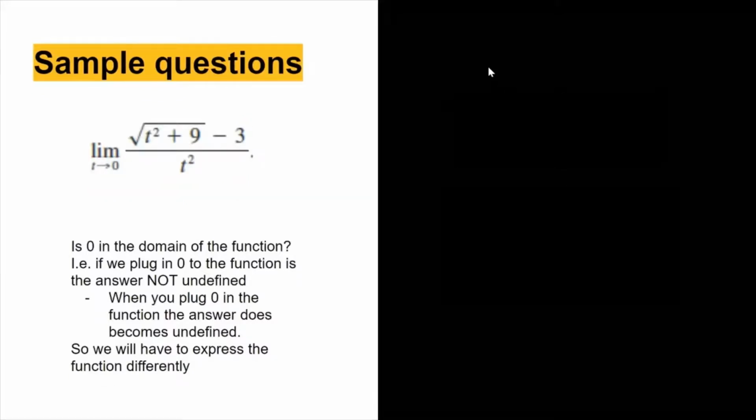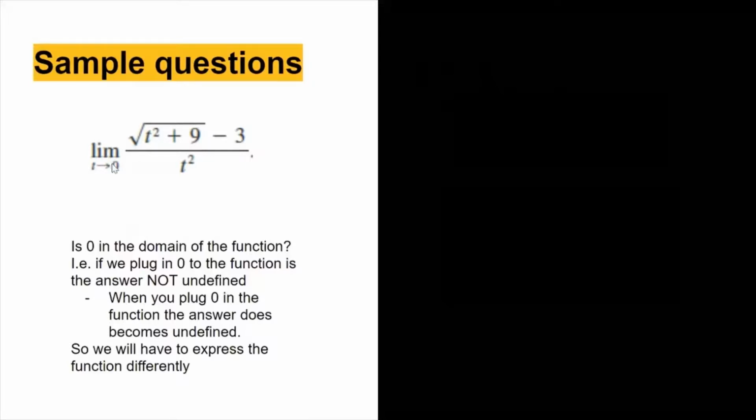Consider the next question. Again, I'll try to put 0 in the function. Just to think quickly, it's always easier to put the number directly in the denominator, and if the denominator turns out to be 0, it's pretty clear that the answer is undefined.